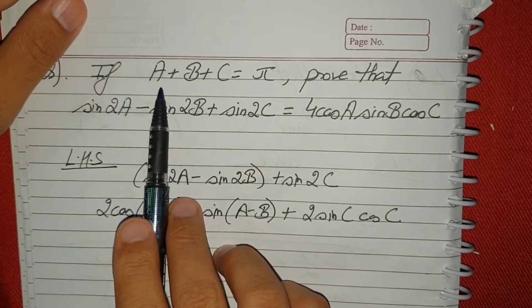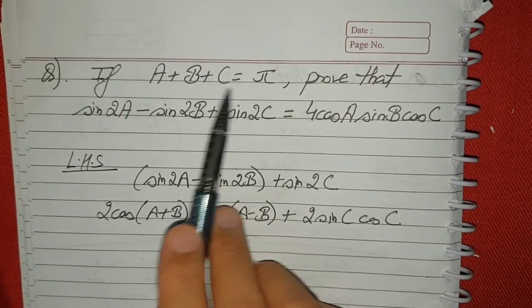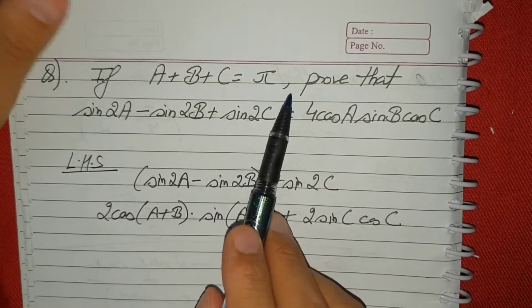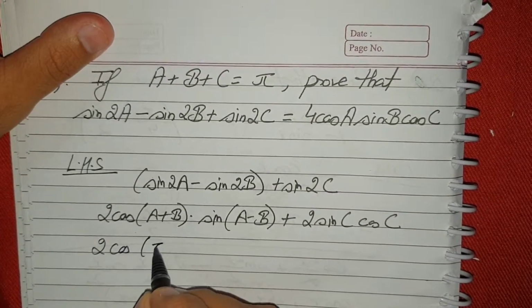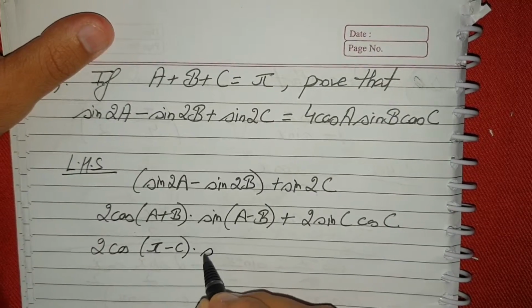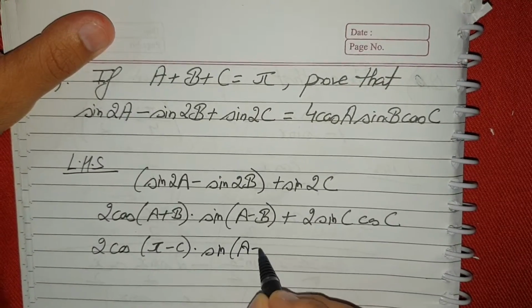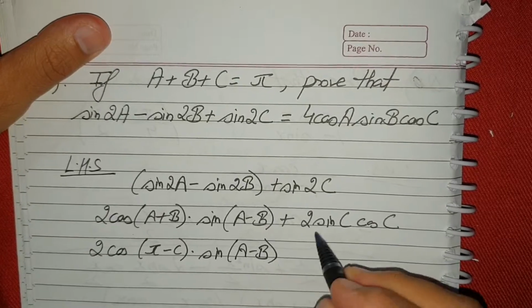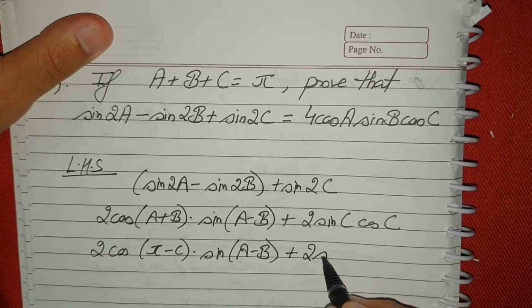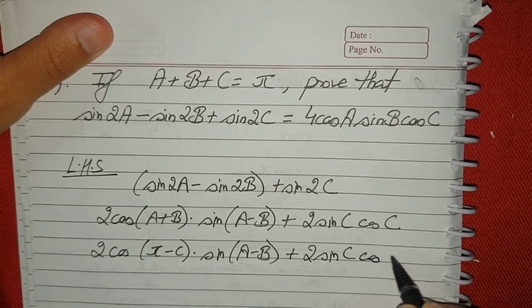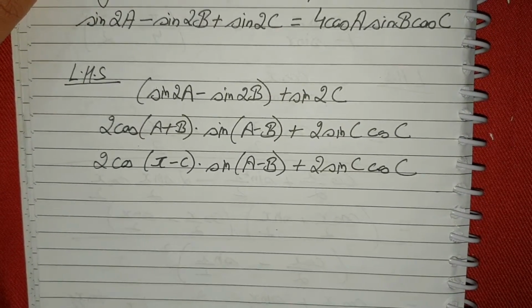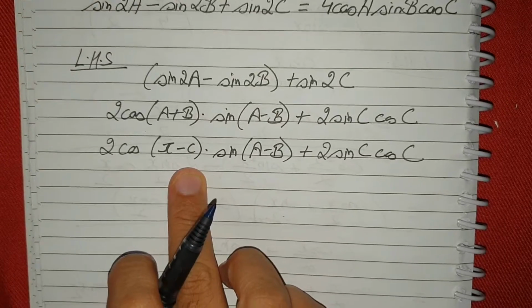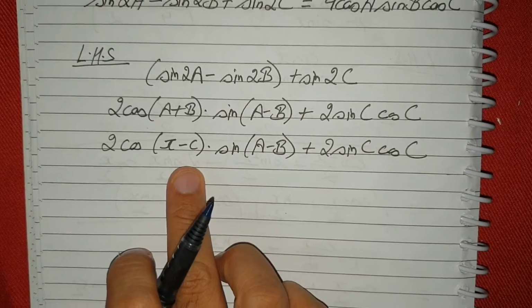Now we know that A plus B plus C is pi. So A plus B is pi minus C. So writing this as 2 cos of pi minus C into sine A minus B plus 2 sine C cos C. Okay, now pi minus C, this is in the second quadrant.